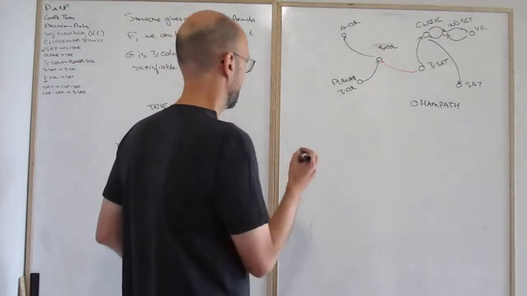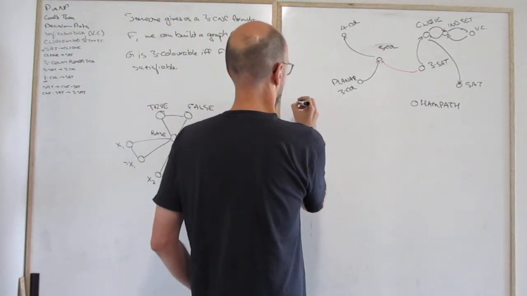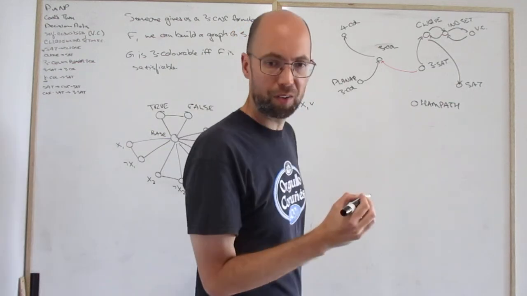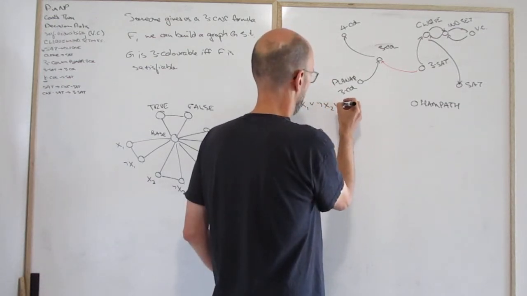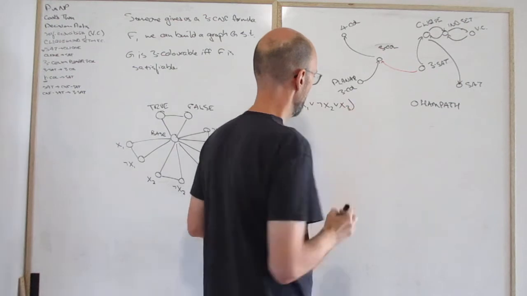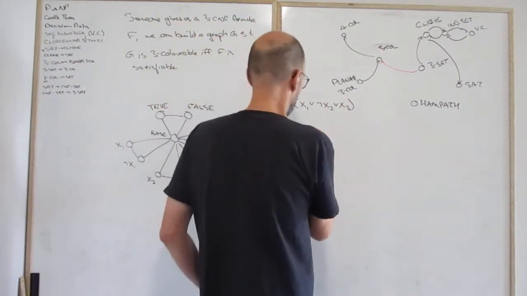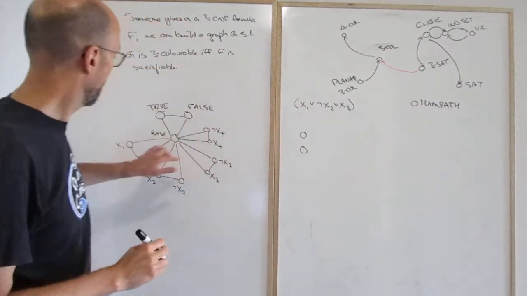Okay, I'm going to do it again. Let's say that we had x1 or not x2 or x3. So what we're going to do is write a little graph.